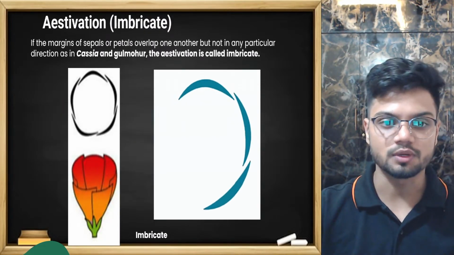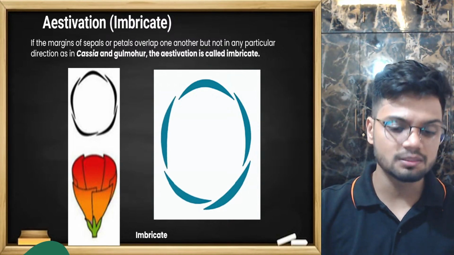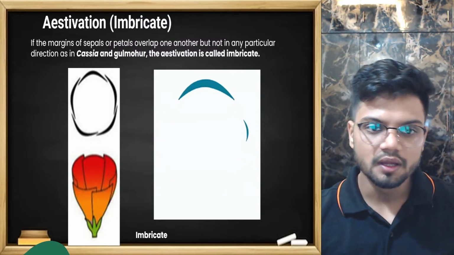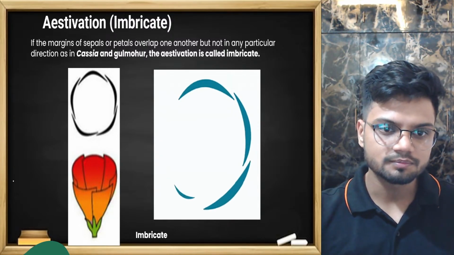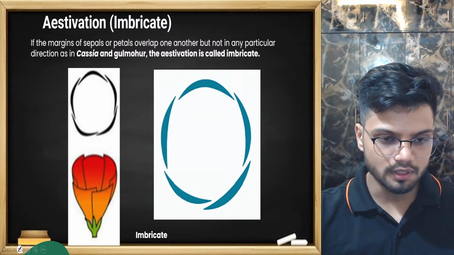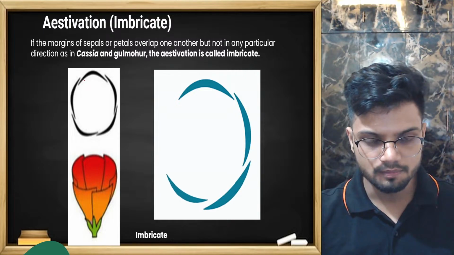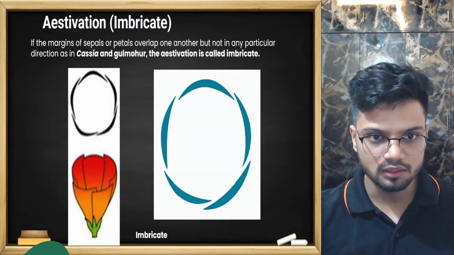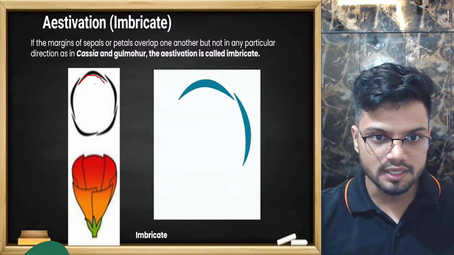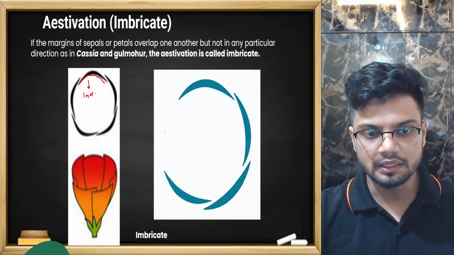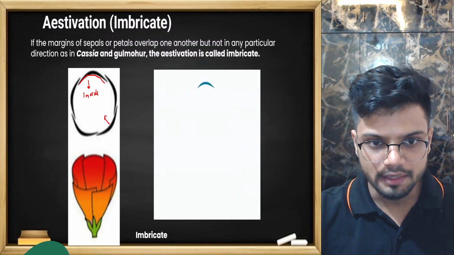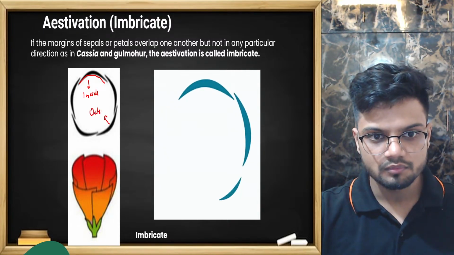Imbricate is very simple to understand, students. It is similar to twisted, but a little bit of difference is there. Can you see this one right here? This particular sepal or petal is completely on the inside, and this petal is completely on the outside.